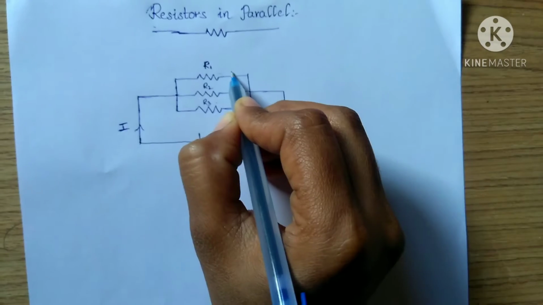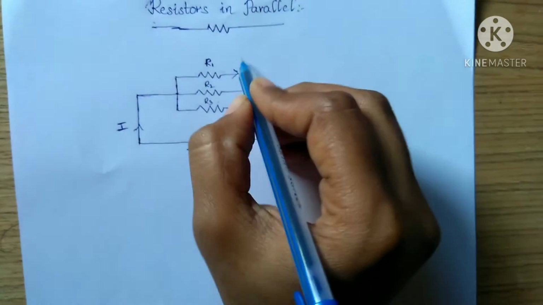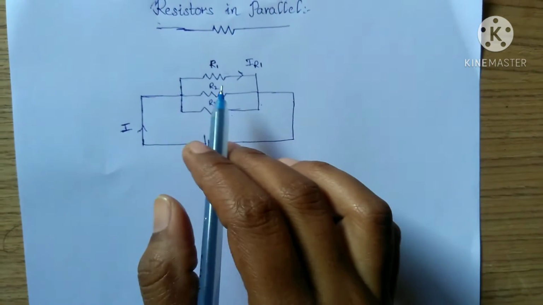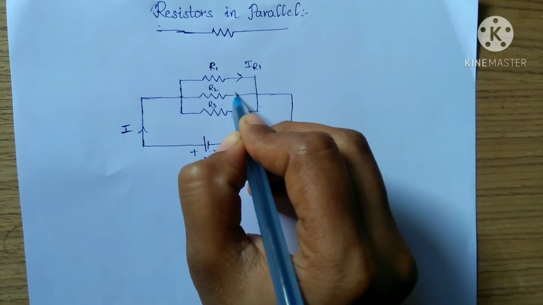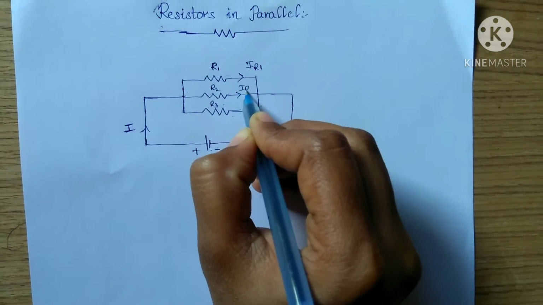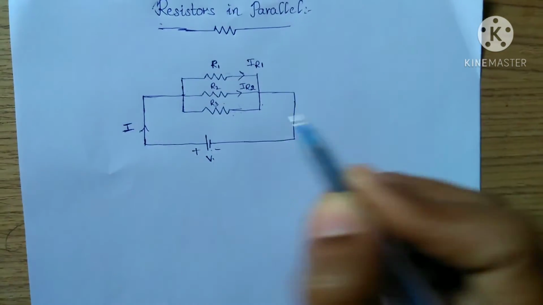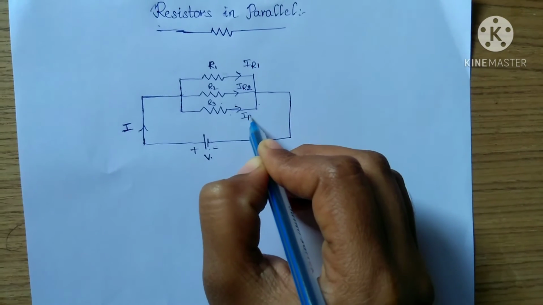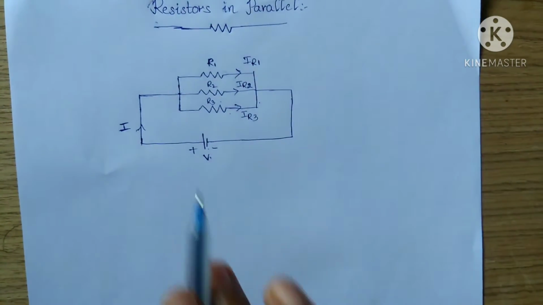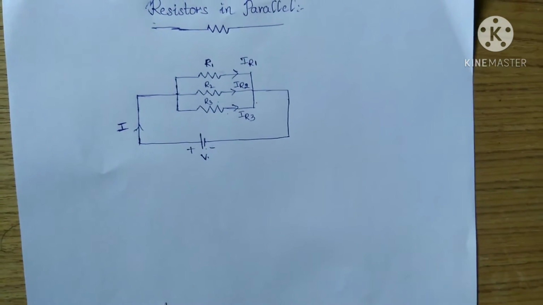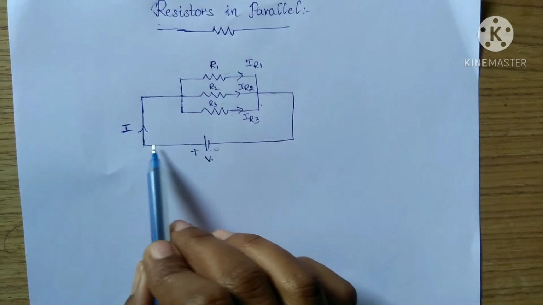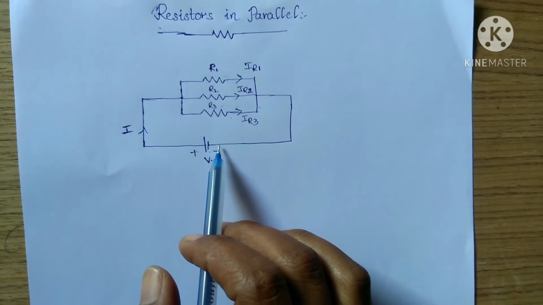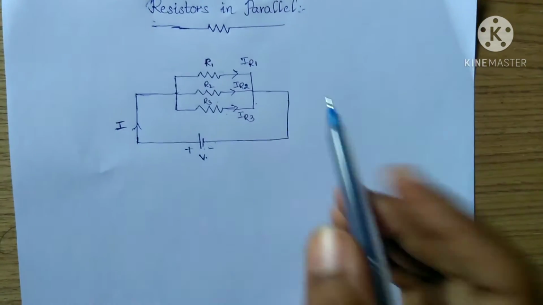Let us consider IR1 as the current flowing through the resistor R1, IR2 the current flowing through the resistor R2, and IR3 the current flowing through the resistor R3. And the current flowing from the voltage source must come to this circuit.